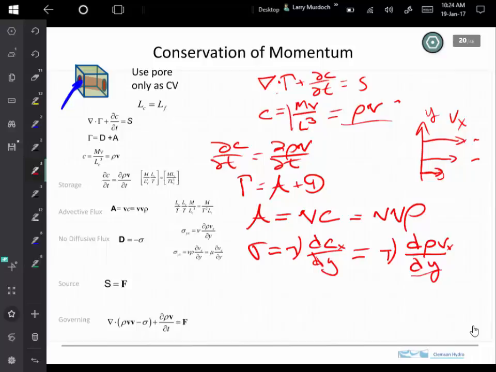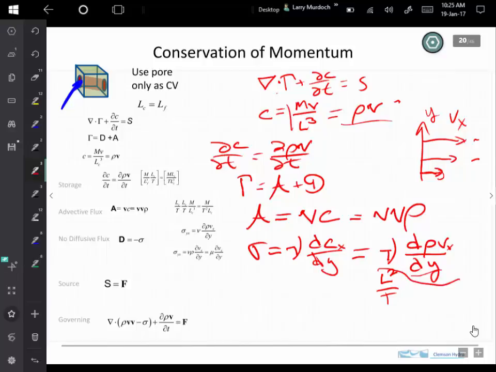Okay? So in this term here, this is diffusion of momentum, so it has a diffusion constant with units of L squared over T. If we work through the units here, what we get is that this thing has units of stress.